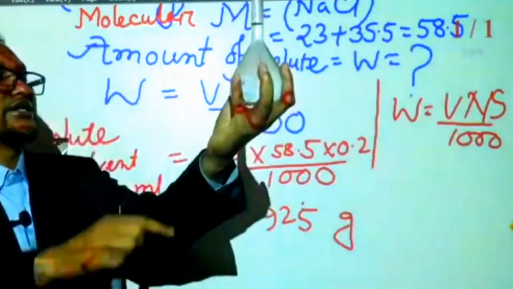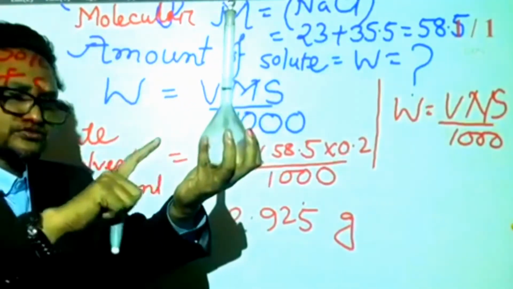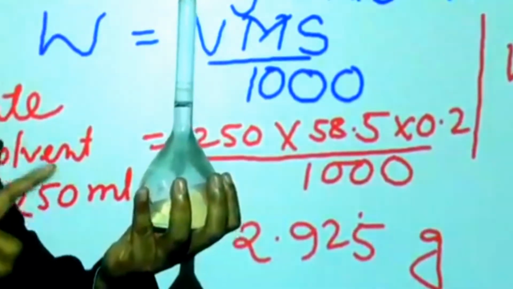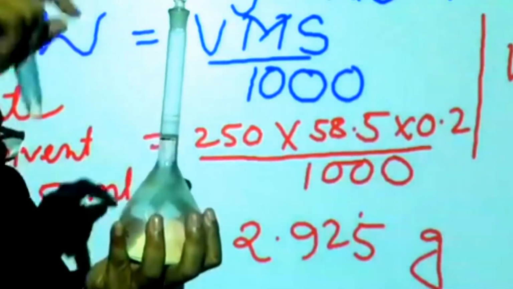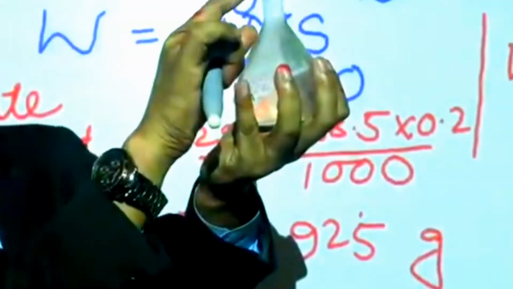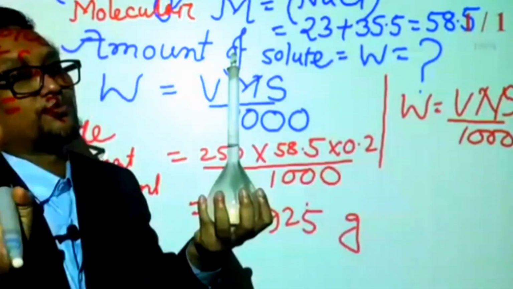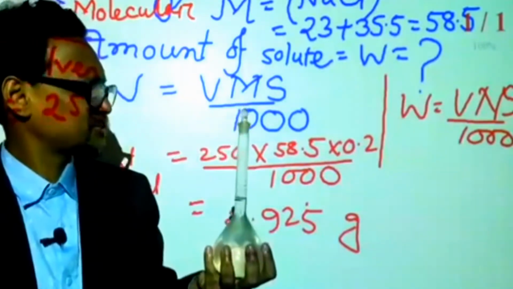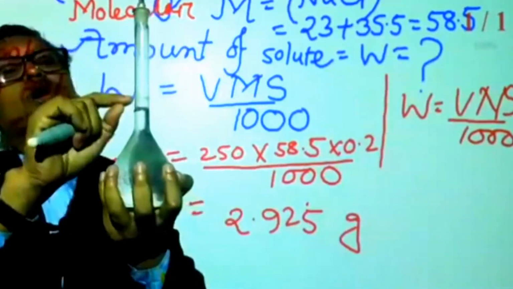Here we have to take 2.925 gram of solute. Then you have to mix water up to the level of the 250 milliliter mark, but not an equal amount of water, which is 250 milliliter. It must be less than 250 milliliter. Total solute plus solvent will be 250 milliliter.